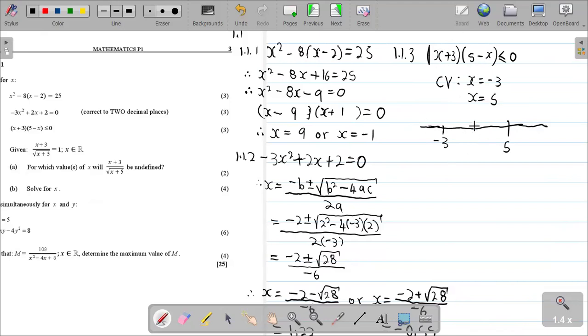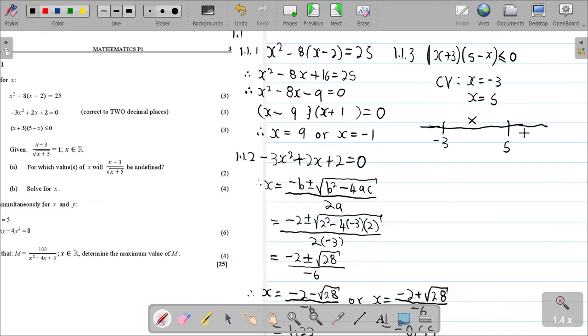We can take any number here. Let's take 0. Okay, let's take 0 here. If we place a 0 here and a 0 here, we're going to get a 15. 15 is not less than 0. Okay, so this is wrong here. See? And then we can take any number this side.